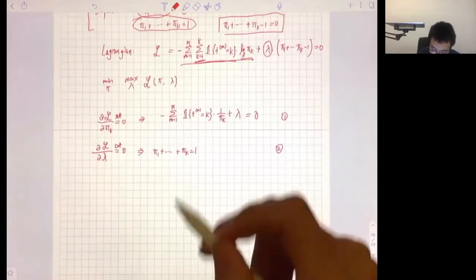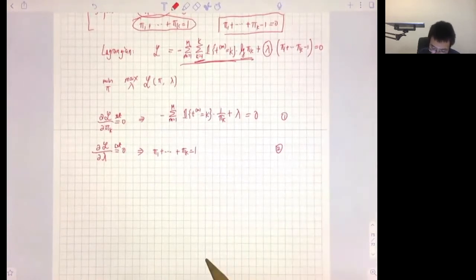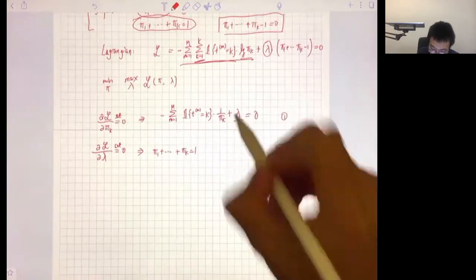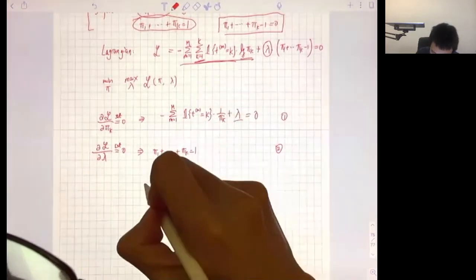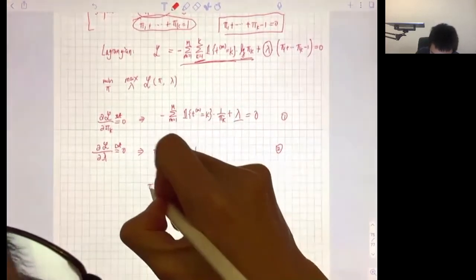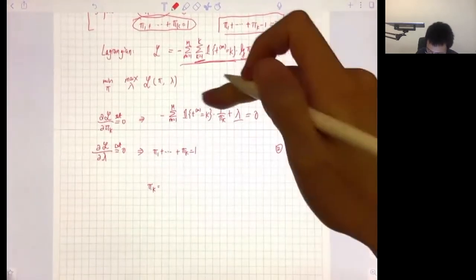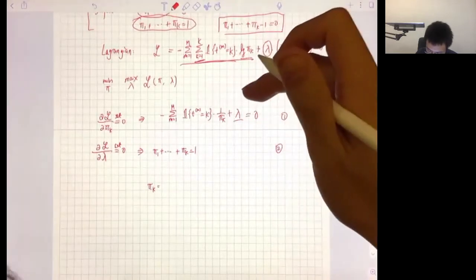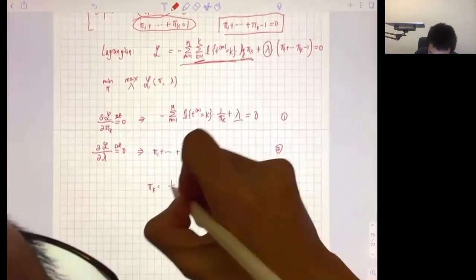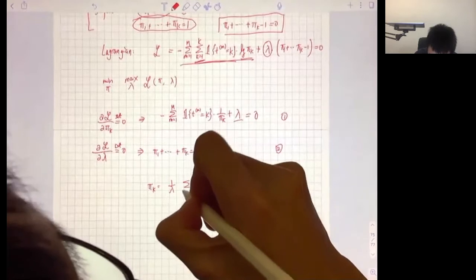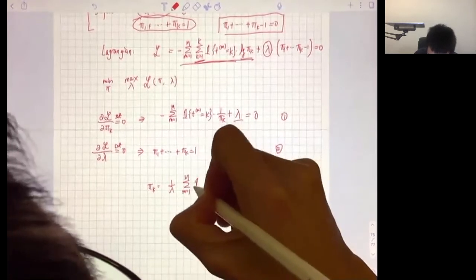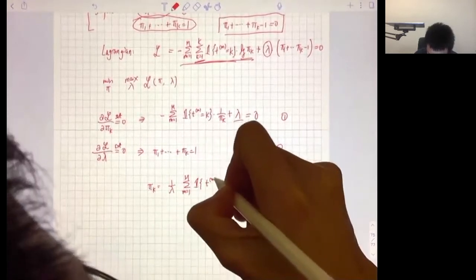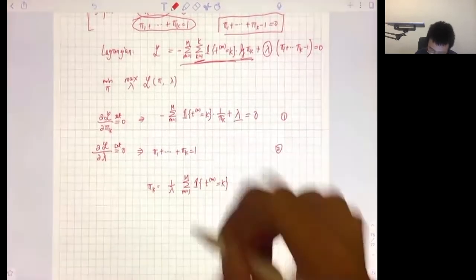Eventually, I want to eliminate lambda, so I can represent my pi k as one over lambda, sum over 1 up to m, of the indicator function of whether my target is indeed k.